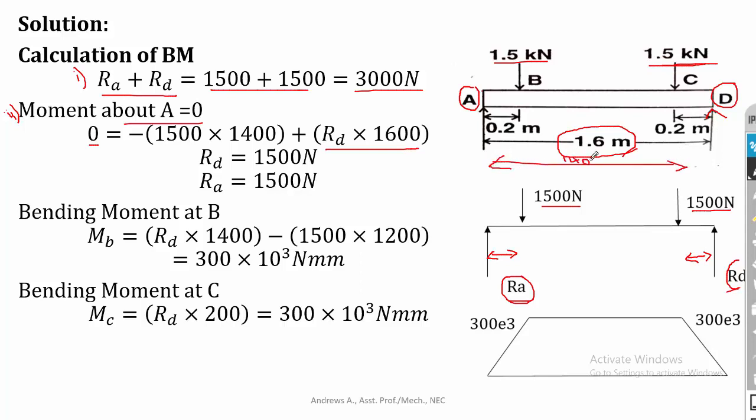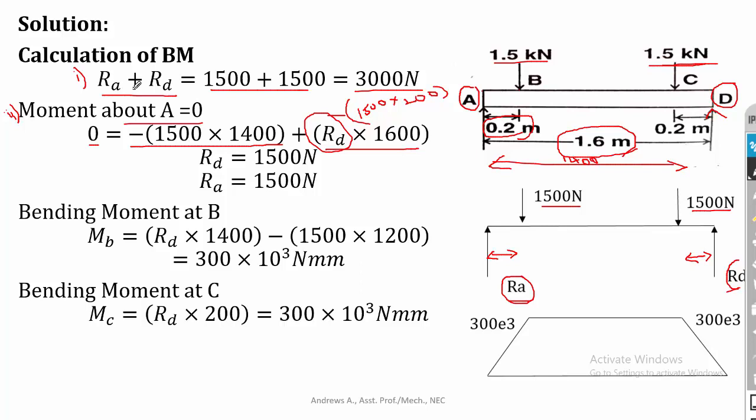So it is minus 1500 into 1400, and also we have another force, that is 1500 Newton acting at B. The perpendicular distance is 200 mm. So it is minus 1500 into 200.